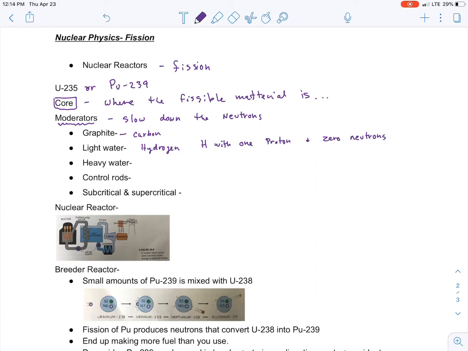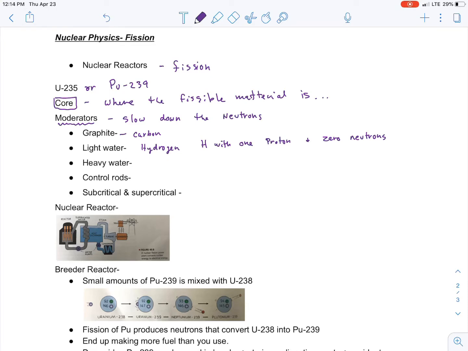Okay, so that's light water, right? So just hydrogen, that's what the water is made out of. And it tends to absorb neutrons. All right, so it's okay at it, but the water absorbs these neutrons, and it kind of slows the reaction. Even better than the light water is heavy water.